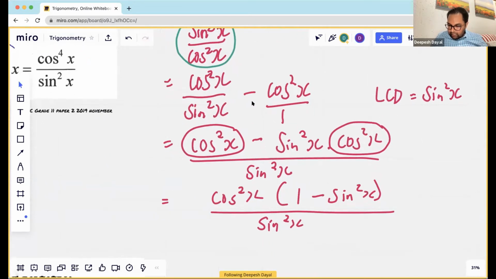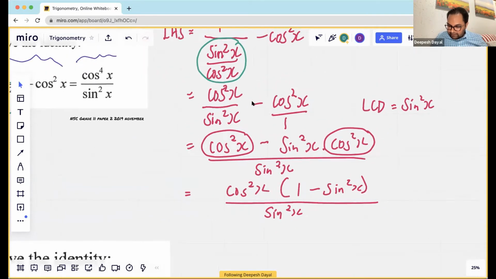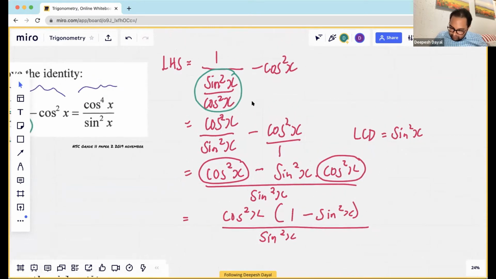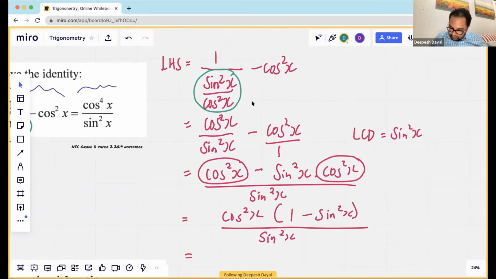And what do we know, everybody? 1 minus sine squared x is cos squared x. So we've got cos squared x times cos squared x over sine squared x.